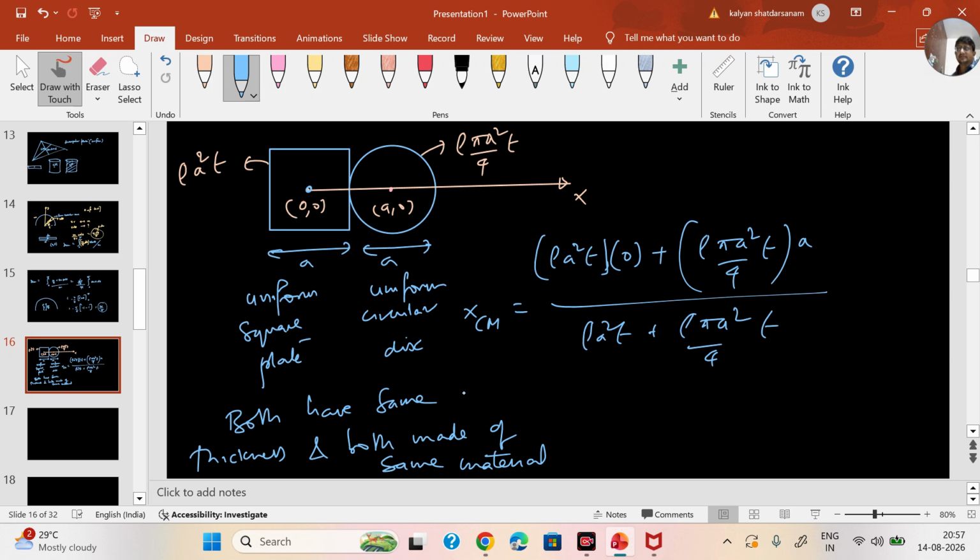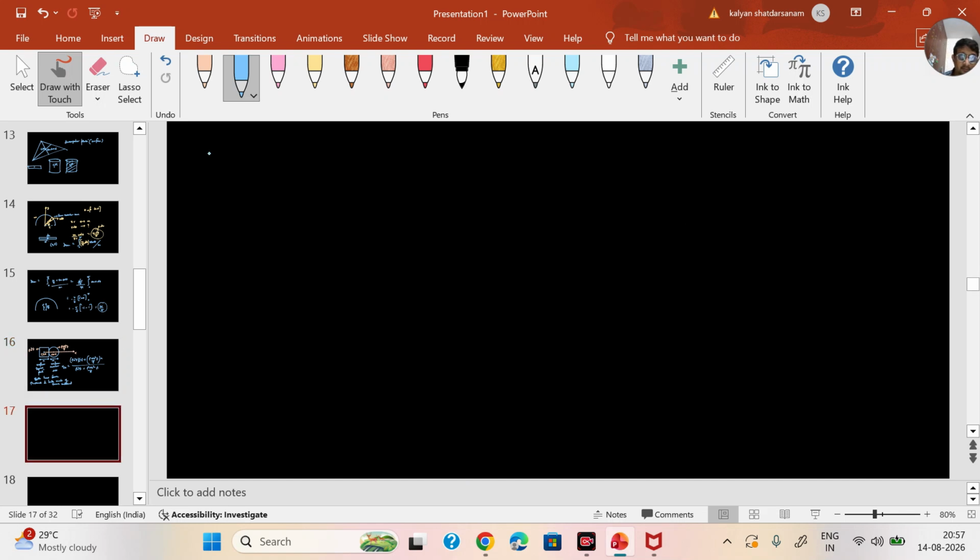Why will this work? Look, I am giving you the proof now. Why does my technique work? First, you chop the square plate into point masses: m11, its x coordinate is x11, plus m12 x12, and so on up to m1n x1n. You are chopping the square plate into many point masses.